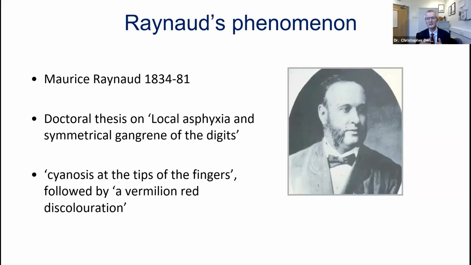And there's been a lot of discussion over the years about whether these patients that he described, and that obviously led to the coining of the term Raynaud phenomenon, would be the sort of patients that we would actually label as Raynaud's phenomenon in our modern clinical practice, because clearly if they had gangrene, this must be secondary Raynaud's phenomenon, and it does seem quite possible that they might have had another related vascular problem such as a vasculitis.